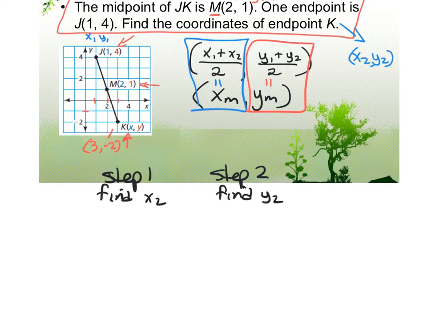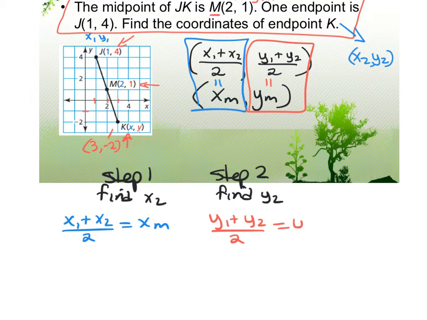So let's use the blue. I'm using x1 plus x2 divided by 2 equals xM. And for the y, I'm going to do y1 plus y2 divided by 2, and it'll give me the y of the midpoint. Now I'm going to replace these numbers.